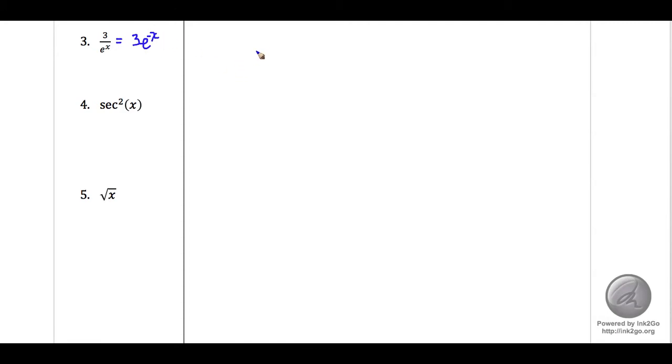So that means its antiderivative, f of x, would be equal to negative 3e to the negative x, or negative 3 over e to the x. So we can check rather quickly.